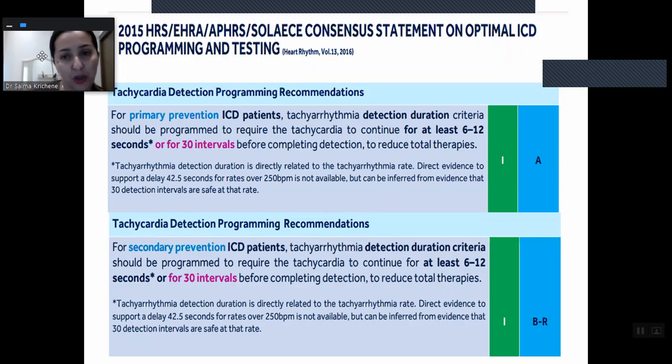We recommend, in class 1 for primary prevention and secondary prevention, that the detection duration should be programmed to require the tachycardia to continue for at least 6 to 12 seconds or for 30 intervals, so long intervals.